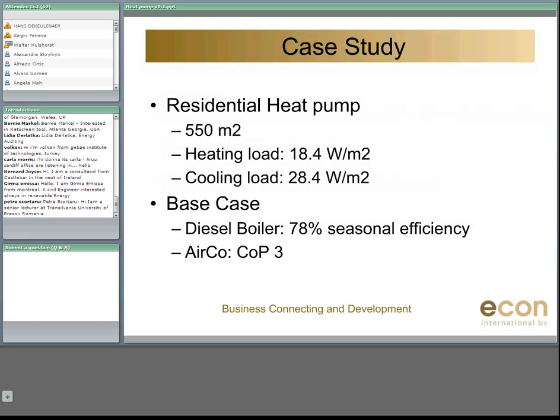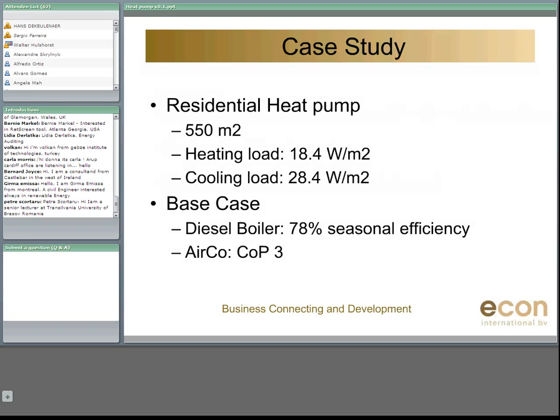So as I've said before, we're looking today at a ground source heat pump for residential use. This is the main page of RETScreen. Here you'll have the information about your case study, and I have already selected from the project database the project referring to this case study.